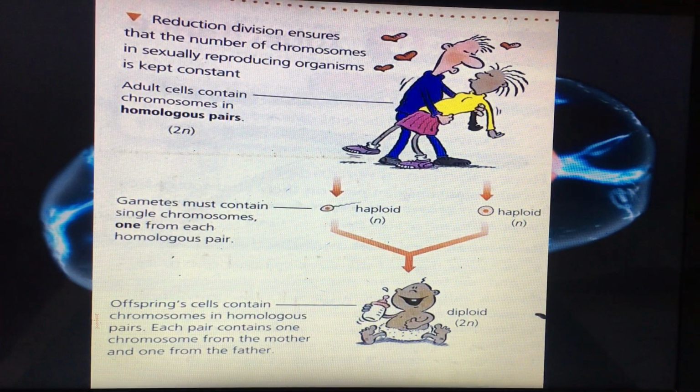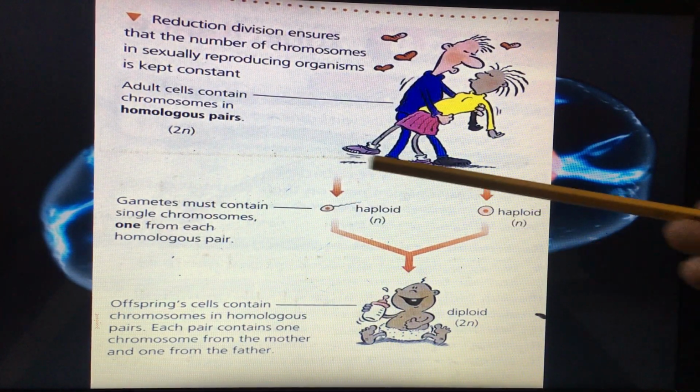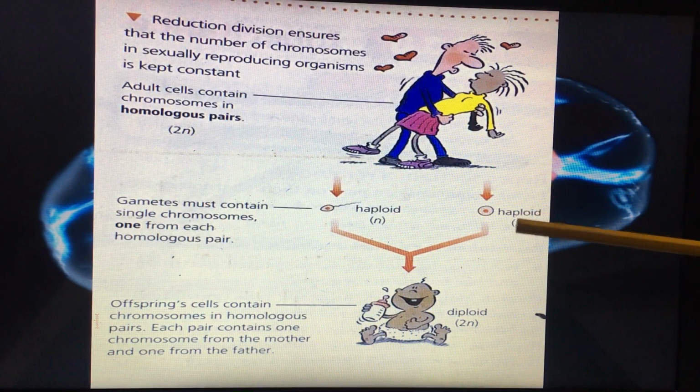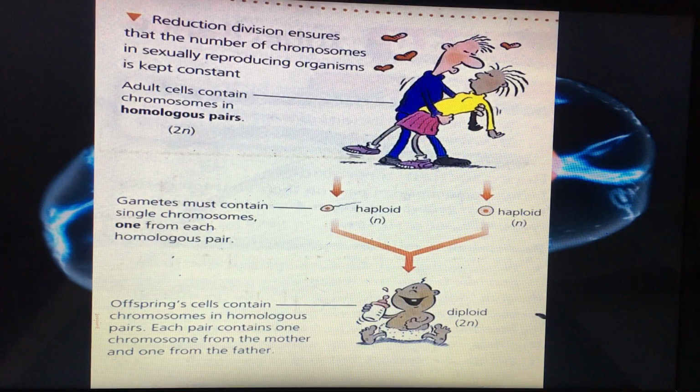But the number of chromosomes in a gamete is the haploid number. So here we have gametes. This gamete has the haploid number and this gamete also has the haploid number. During fertilization, they will produce a zygote. Then the zygote will grow up to form a baby.